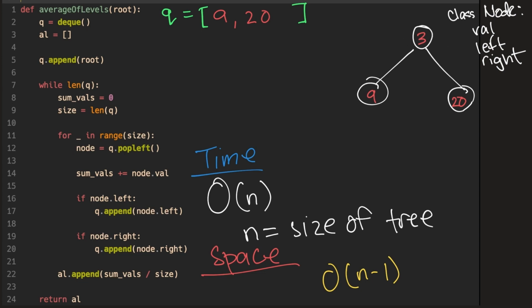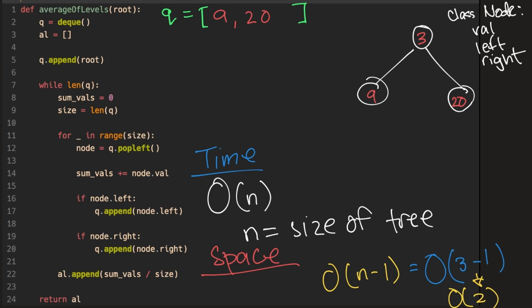But we wouldn't need to have both of these levels in our queue at the same time. At the most, we would need to have this larger level in our queue in the worst case. So if our n here is 1, 2, 3, but in the worst case, we only need to have this level, 1, 2, then for this case in particular, O of 3 minus 1, because our tree size here is 3, but we're only needing to add this level, so 3 minus this top level, and this would simplify to O of 2.